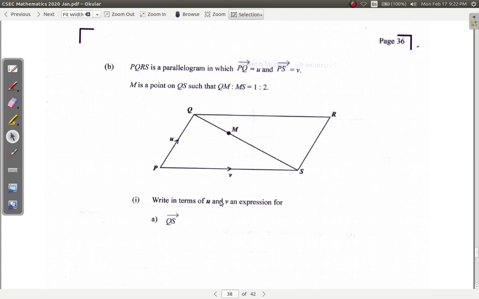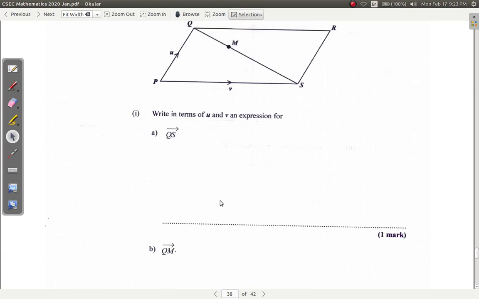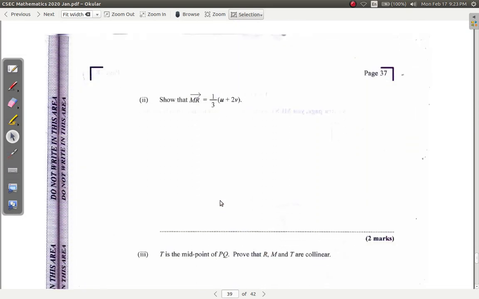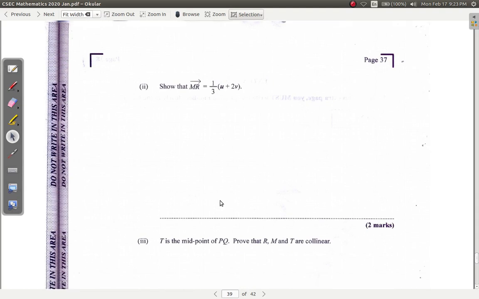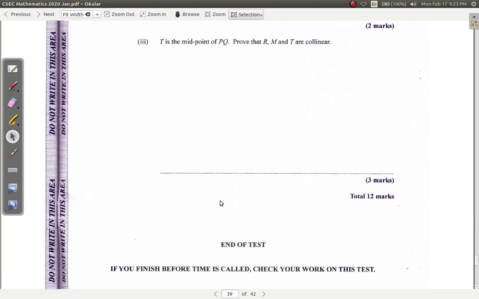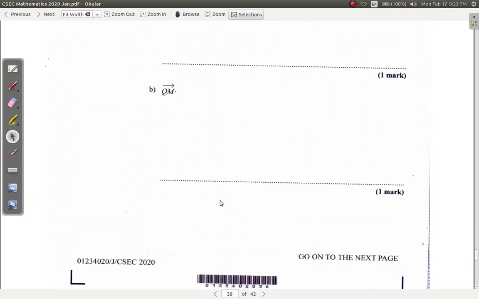Write in terms of U and V an expression for QS, QM, and show that MR is that. T is the midpoint on PQ. Prove that R, M, and T are collinear. Alright, so that was question 10.